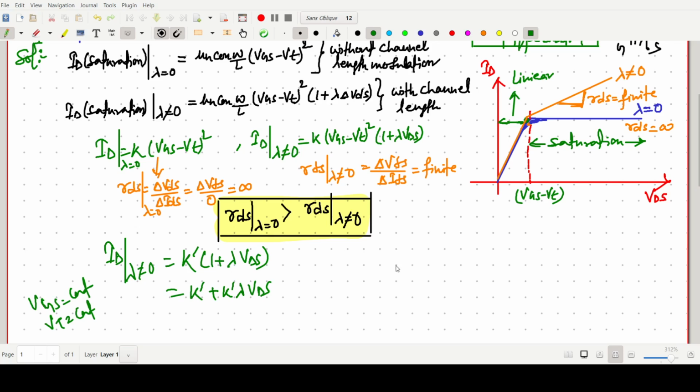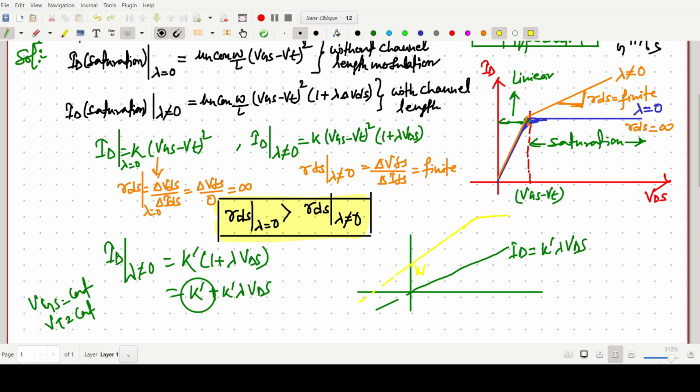If we plot this, it is a line ID equals k dash lambda VDS passing through the origin. If we add some constant term, it will go up by k dash units, so it has some slope. That one is our lambda not equals to 0, and when a flat line comes, it should be lambda equals to 0. So the output resistance always decreases in case of the channel length modulation.